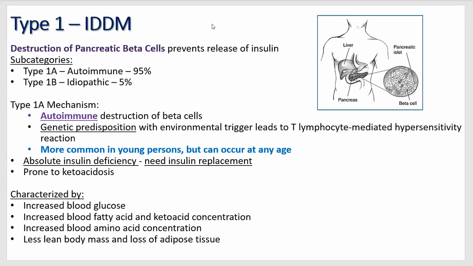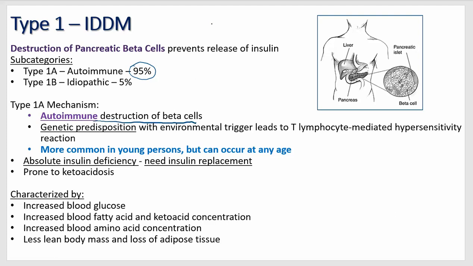So type 1 IDDM, insulin-dependent diabetes mellitus. That is the destruction of pancreatic beta cells, and it prevents the release of insulin. Boom. That's what it is. So what causes it? 95% of the causes are autoimmune, which means the autoimmune destruction of beta cells.